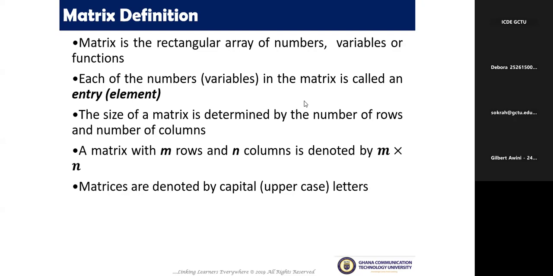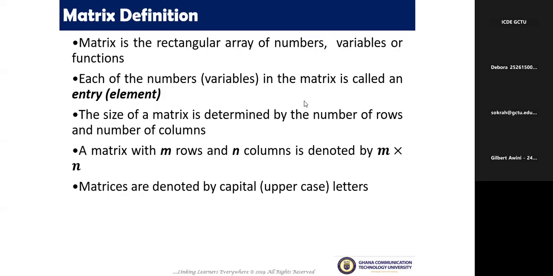Then we talk about the size of a matrix. But once again, before I talk about the size, let me talk about the arrangements in the matrix. As we have said earlier, these elements in the matrix, or in that rectangular array, are identified by their row numbers and their column numbers.